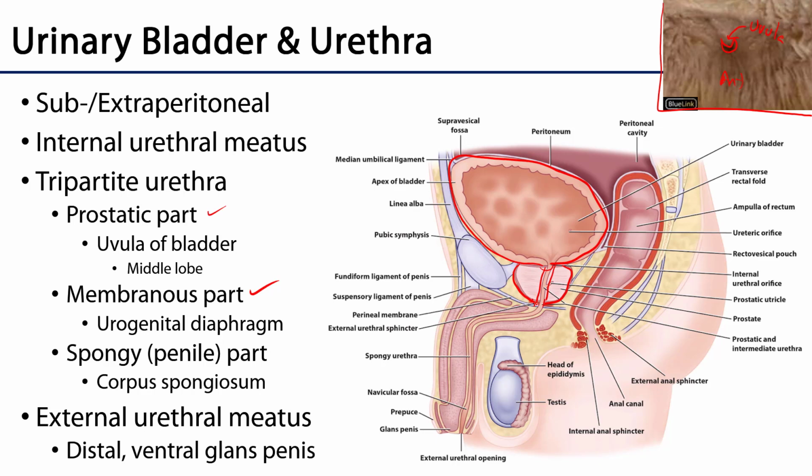The urethra within the penis is called the spongy urethra because it's contained by the corpus spongiosum, which is one of 2 types of erectile tissue in the penis, the other being the corpus cavernosum. And the external urethral meatus is located on the ventral portion of the distal glans penis.